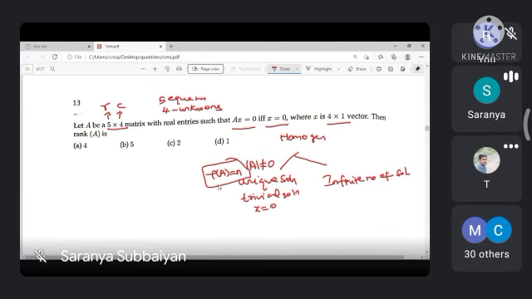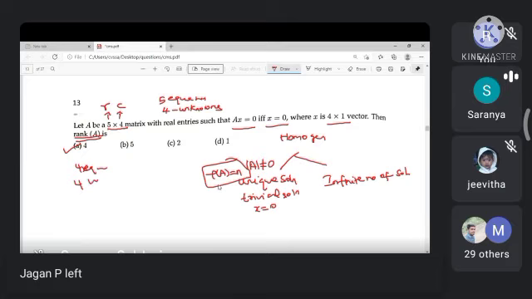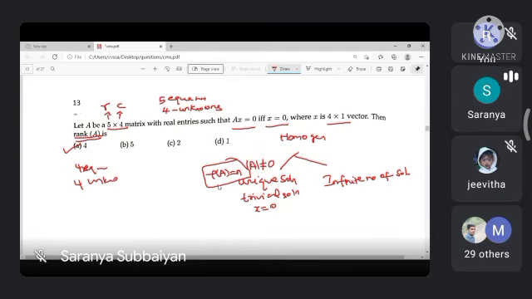So what is the rank of A? 4, correct. Because 4 equations, 4 unknowns is enough for finding a unique solution or infinite number of solutions. But already it is given that it is a unique solution. So the rank is full, right? Is there any doubt?